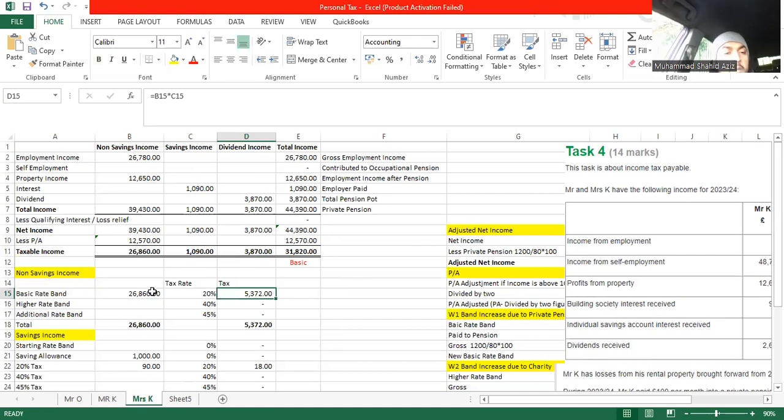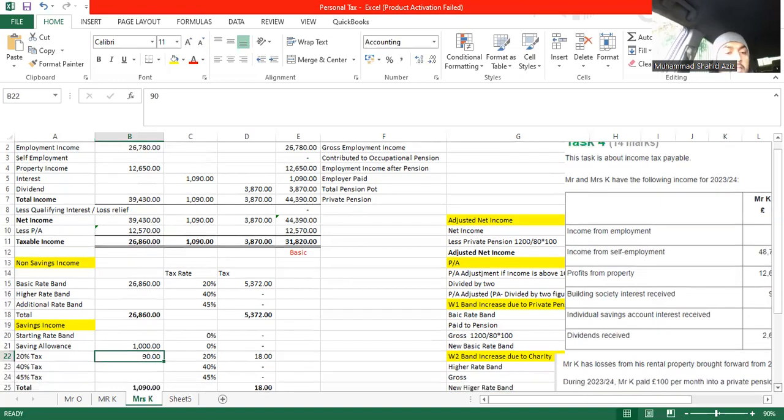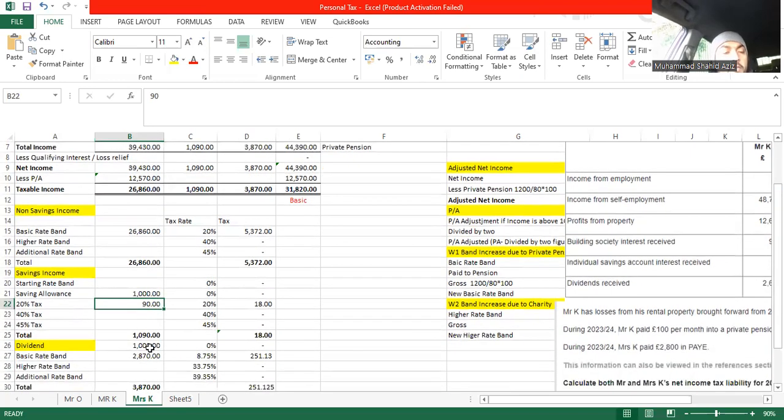She still has basic rate band left. The savings allowance we know is 1,000, so there is no tax, and the remaining 90 pounds is at 20%. For the dividend, the first 1,000 pounds has no tax, and the remaining 2,870 is at 8.75%.